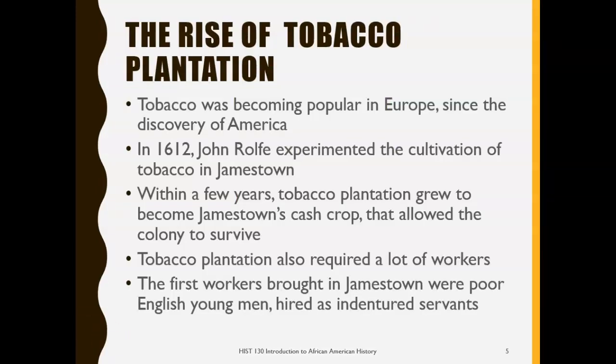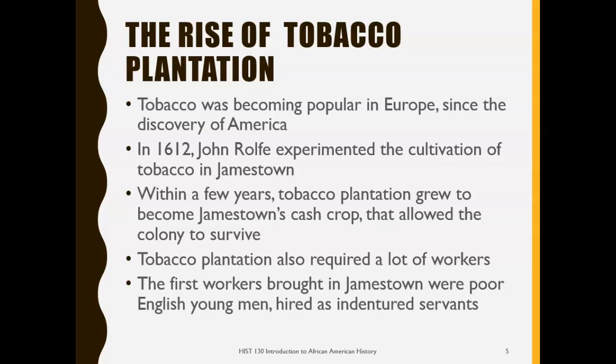So, what is the origin of tobacco plantation in Virginia? By the time when the English came over here in the early 1600s, tobacco was already known in Europe. It was actually popular. It was brought by the Spanish and the Portuguese, and it was spread all over Europe.